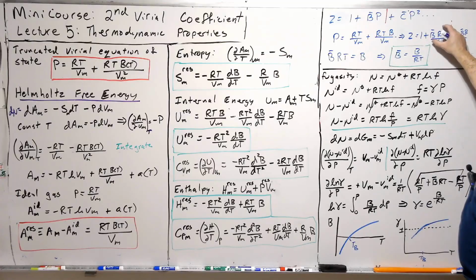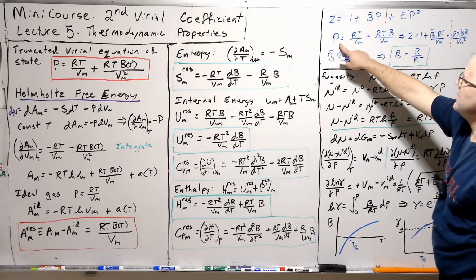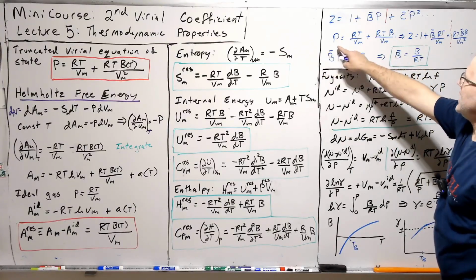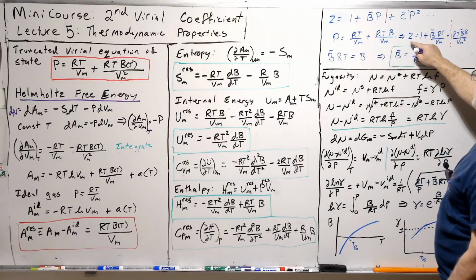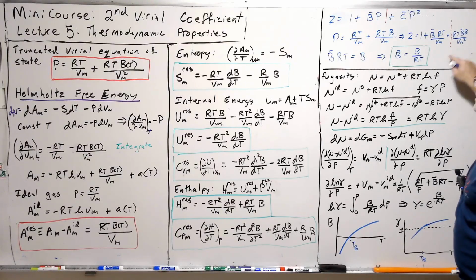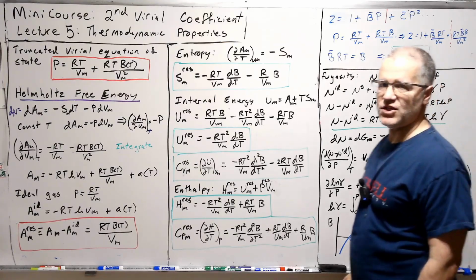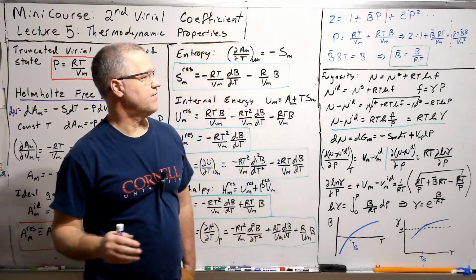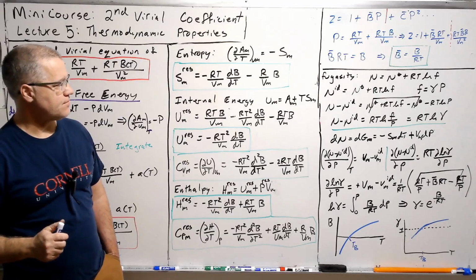Okay, that must be then B, because we're expanding out Z. So we've taken our equation of state, turned it into Z by dividing by V, RT over V, and we've gotten this, right? We get a higher order term, B times B prime, but that's going to be connected to C. So we only want to connect to B, and in doing that, then we find a rather simple relationship between the pressure second virial coefficient and the volume second virial coefficient.